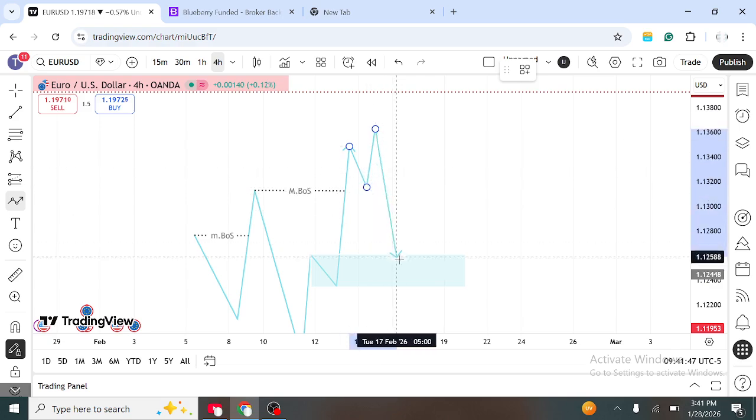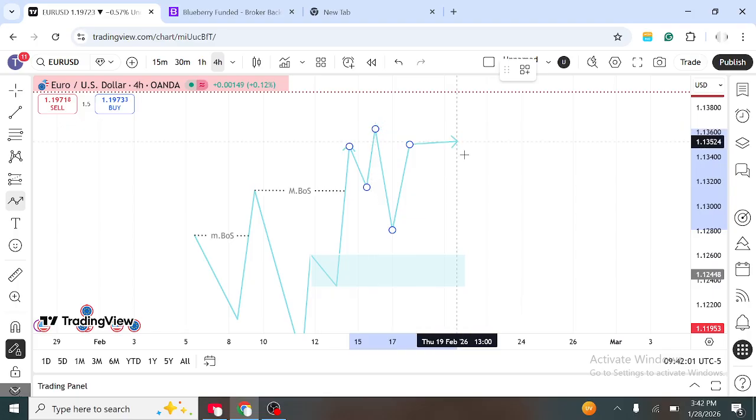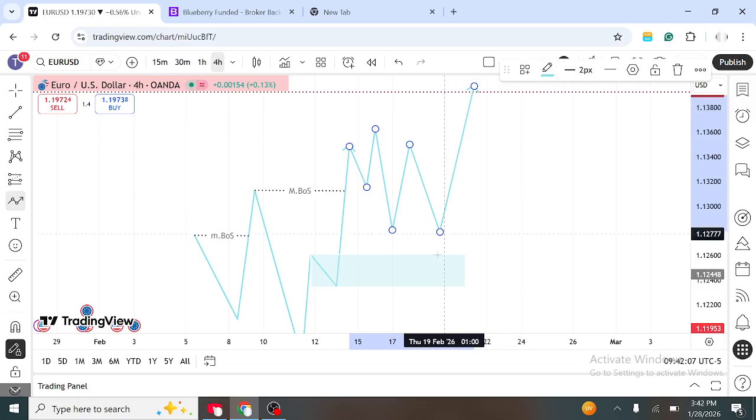We are expecting price to tap into this level, but then price can actually come to this level here. Okay, push to the upside. It doesn't necessarily have to take out this high, all right, because what price wants to do is to create a double bottom and then push to the upside, leaving out this order flow that we have here.